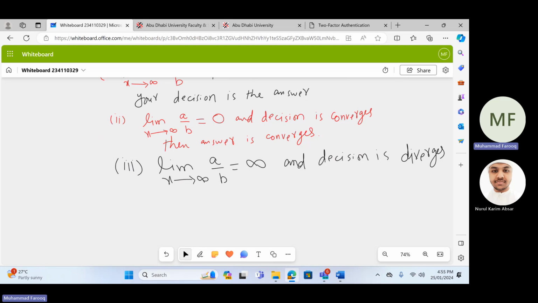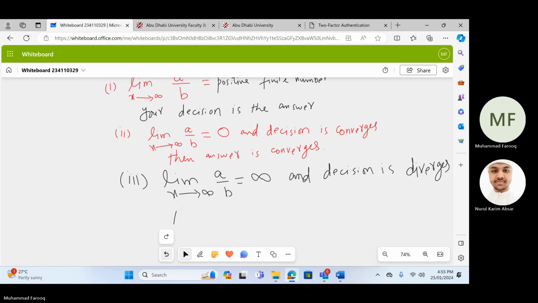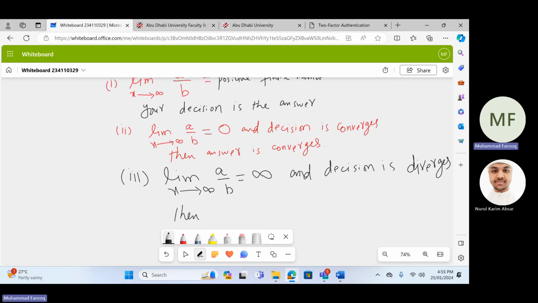It isn't like your calculation is finite and decision is diverge, so it converges. No, not like that. So if your decision is diverges, then the answer is diverges.